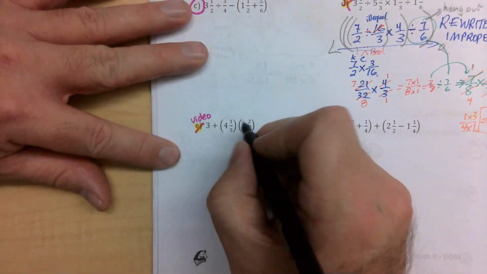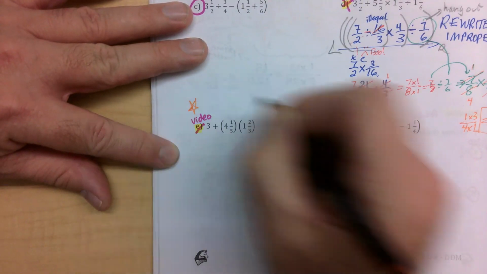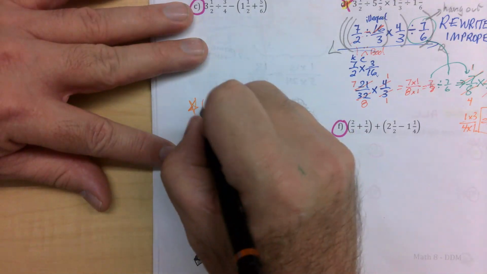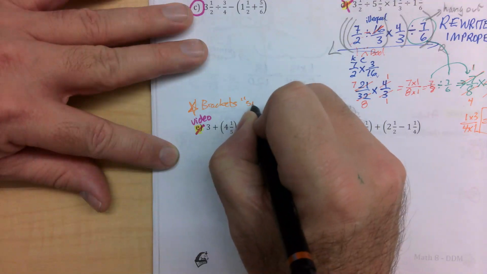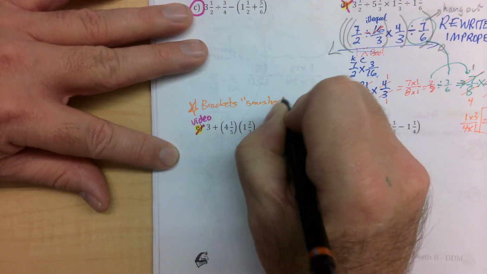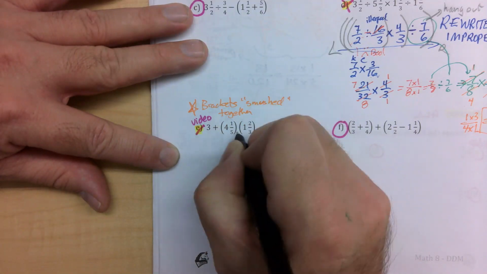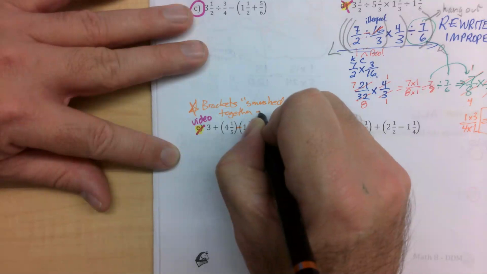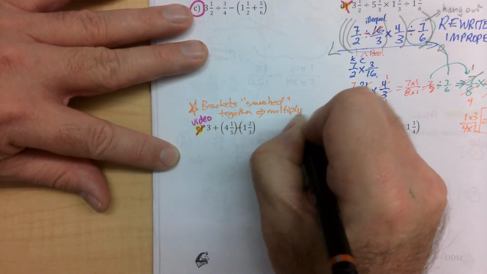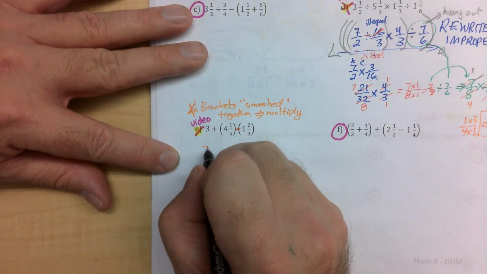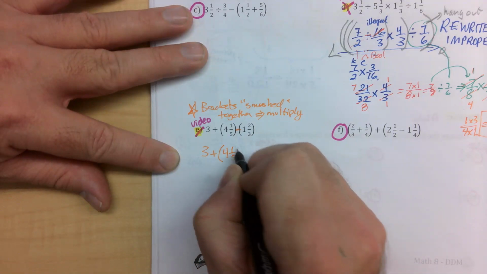Now remember, I might draw a star here. Okay? Brackets smushed together, right? There's no symbol here. That means multiply. So you can leave it as is, or if you need to make yourself feel better, okay?